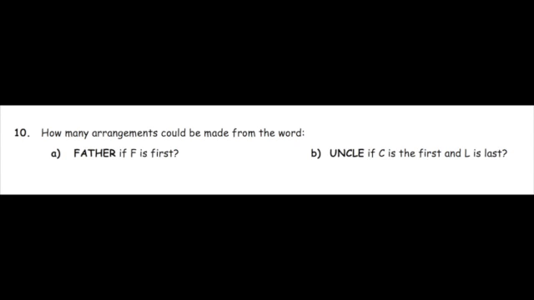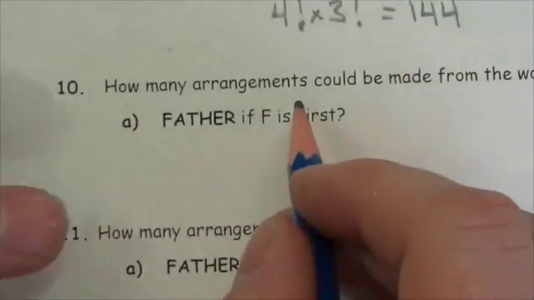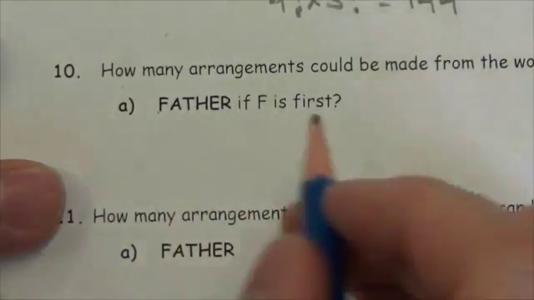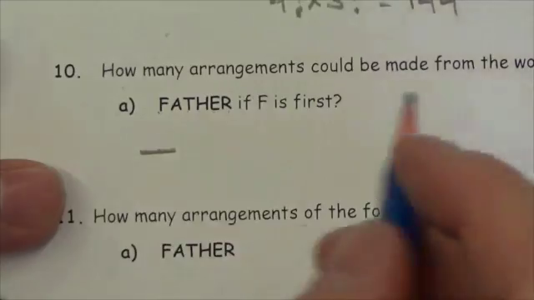How many arrangements could be made from the word father if F comes first, or uncle if the C is first and the L is last? So let's take a look here. The restriction here is that F has to be first if we're permuting the letters in the word father. So that's 1, 2, 3, 4, 5, 6 letters here. But I got to put F first. So my first task is to put the F down.